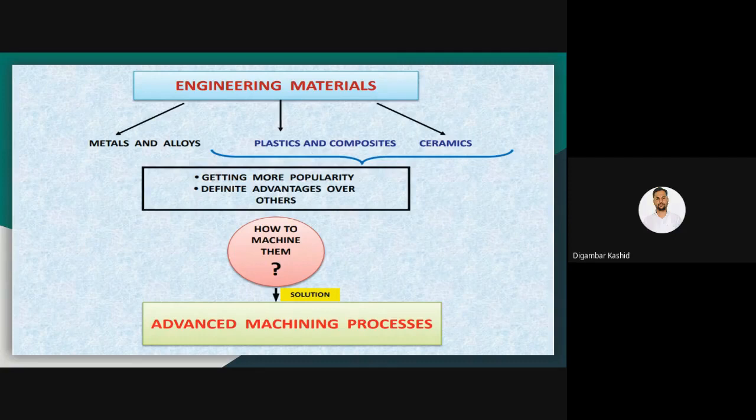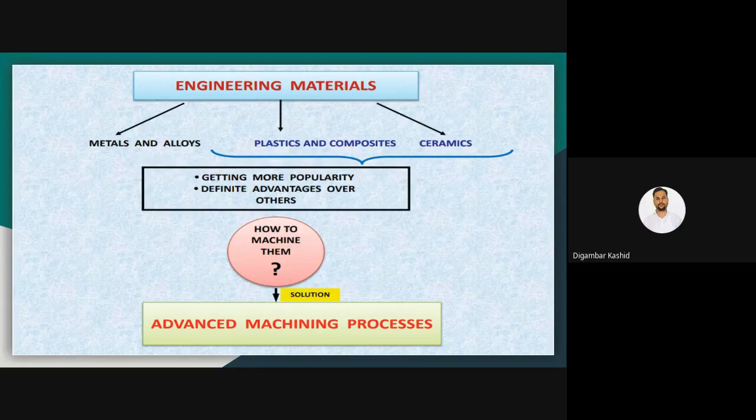Nowadays, plastics, composites and ceramics are more popular in industry, among customers and users, than metals and alloys.